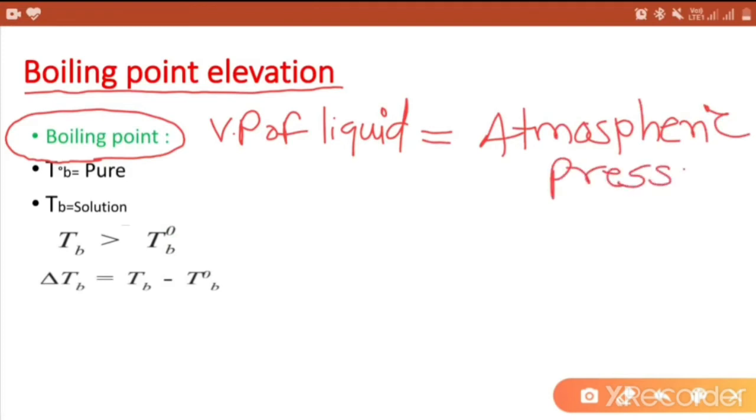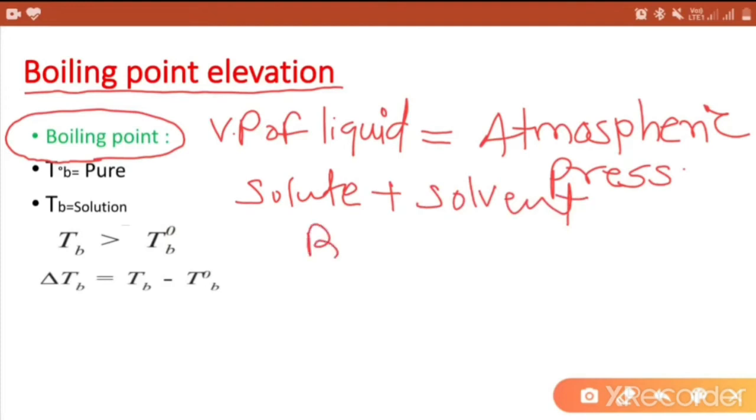Once again I repeat, boiling point can be defined as the temperature at which the vapor pressure of liquid is exactly equal to atmospheric pressure. And it is found experimentally that when a small quantity of solute is mixed with the solvent, its boiling point is elevated, which means the boiling point increases.